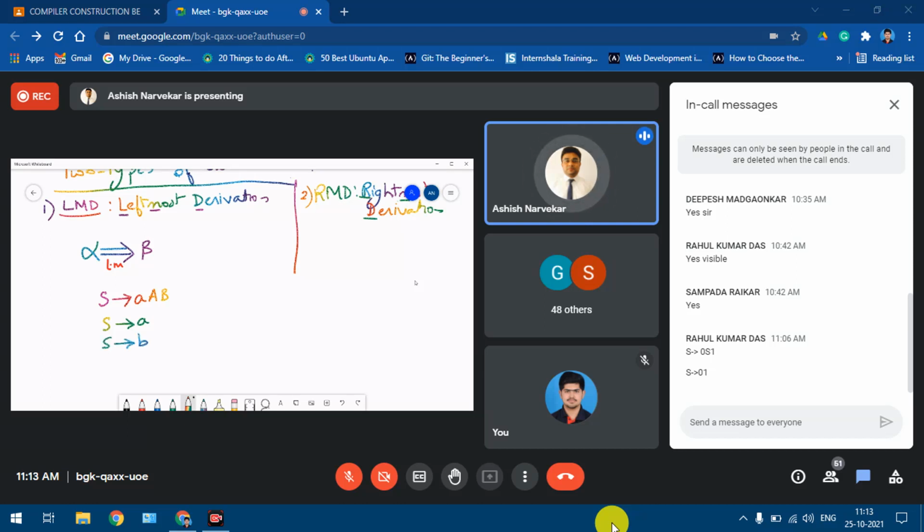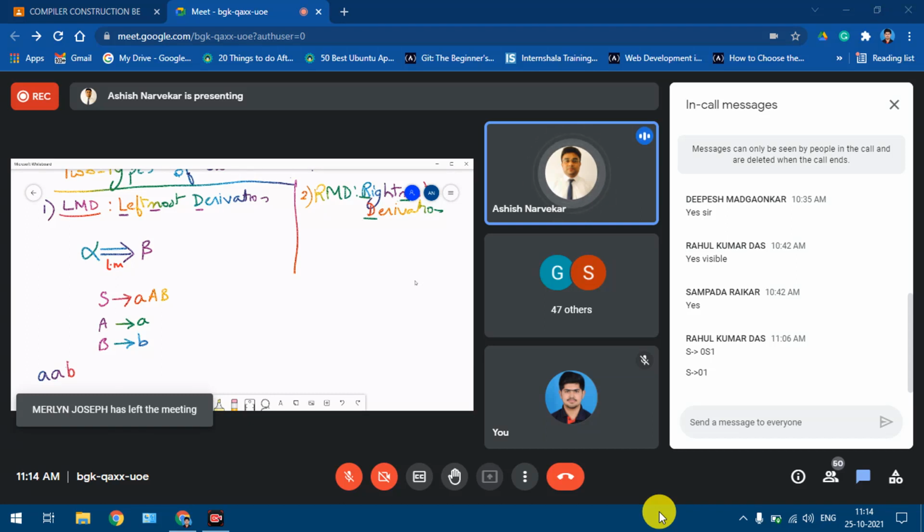Suppose I have this grammar, with A gives a and B gives b, and suppose I want to generate a string like ab.